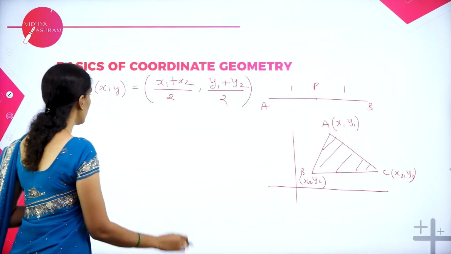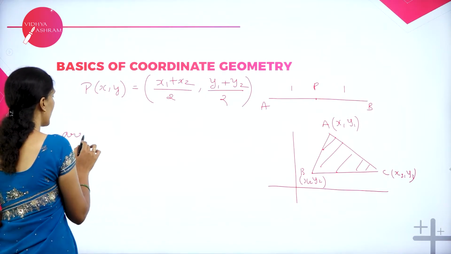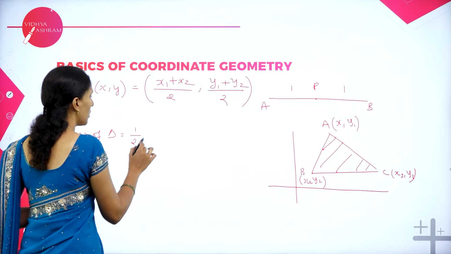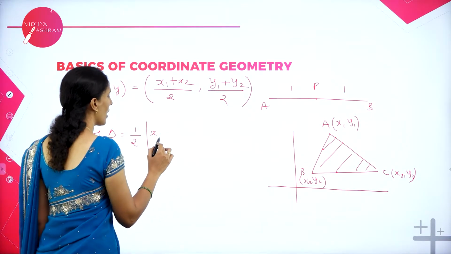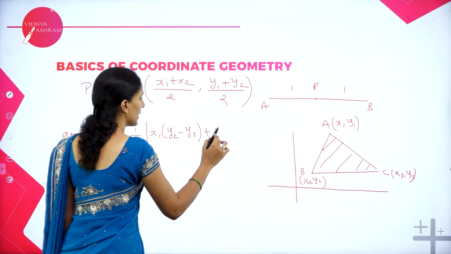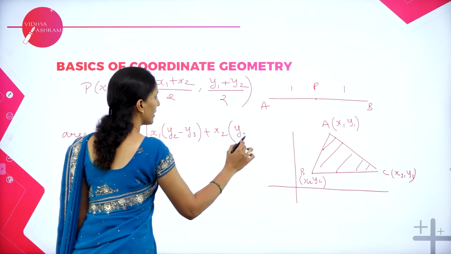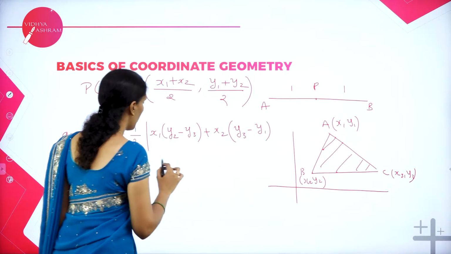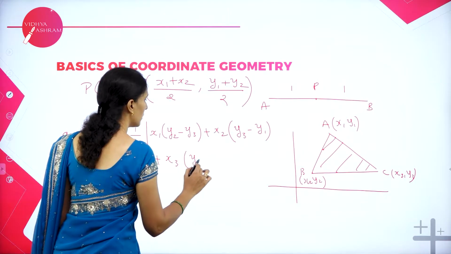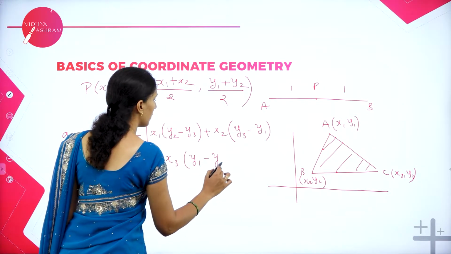That is again using a formula. The area of the triangle is half modulus of x1 into (y2 minus y3) plus x2 into (y3 minus y1) plus x3 into (y1 minus y2).